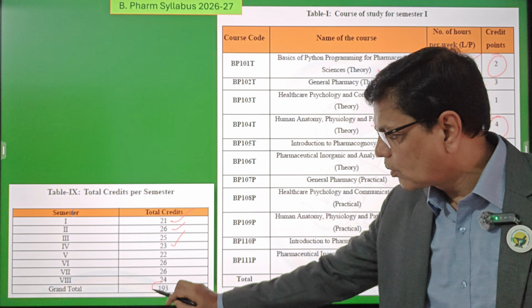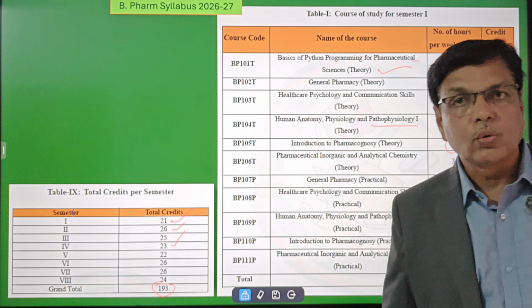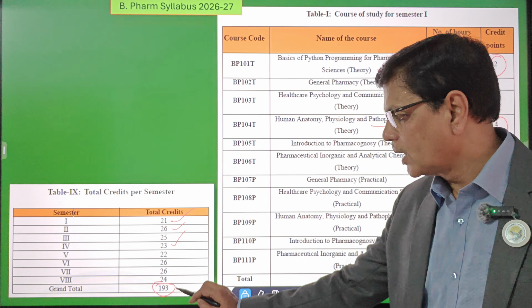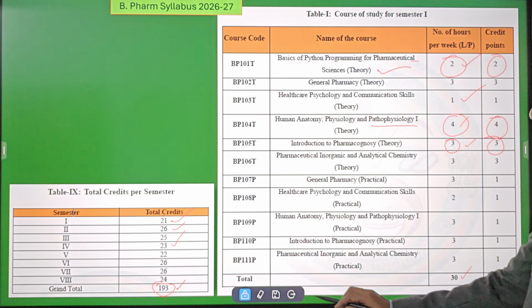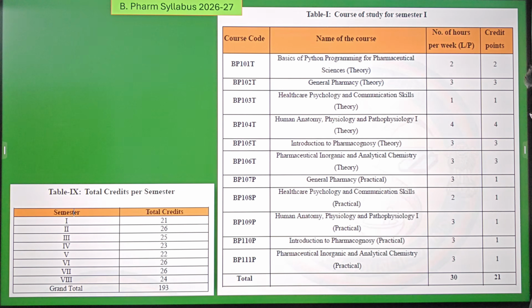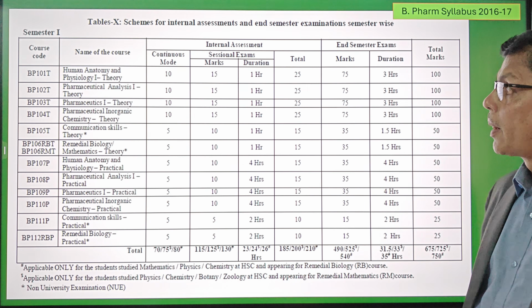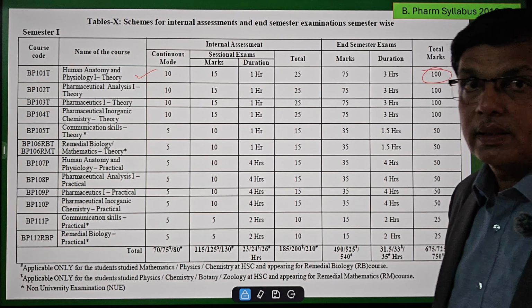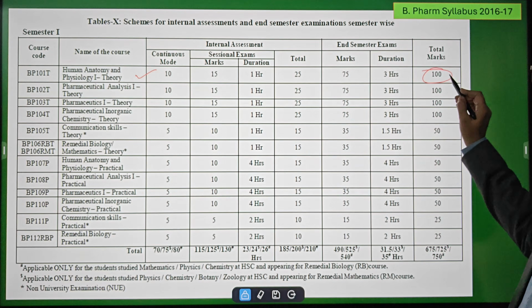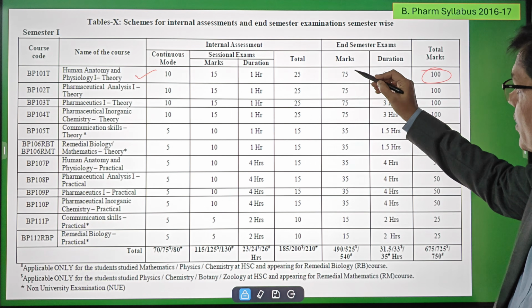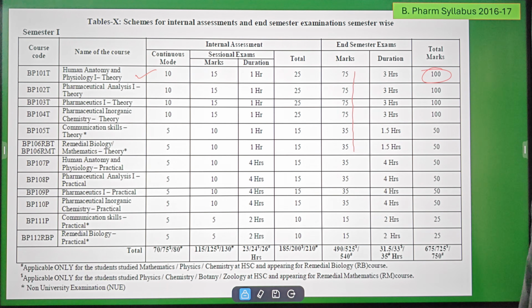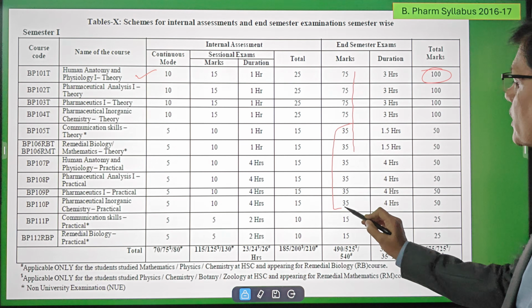Like this, in total one student should earn 193 credit points to get the B Pharma degree, right? So we were having 100 marks, where end semester examination is for 75. These 35 is the practicals.